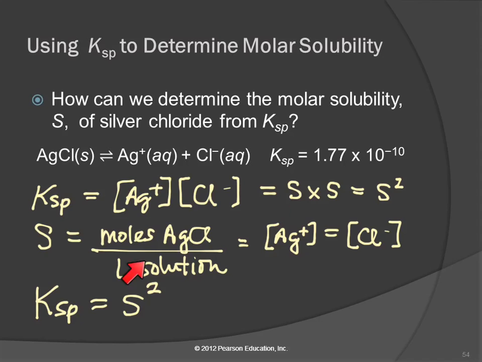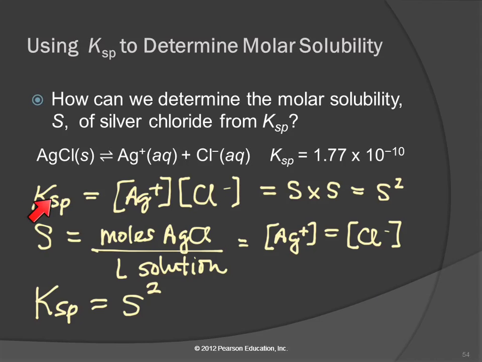S is the moles of silver chloride that dissolve in a liter. That's called the molar solubility. For every mole of silver chloride that dissolves, we get 1 mole of silver ion. So the moles of silver chloride per liter that dissolve will equal the moles of silver per liter. The moles of silver per liter is equal to the moles of chloride per liter.